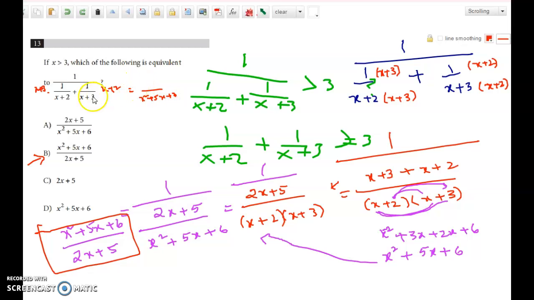And then, combine those two here, that's 2x plus 5, and flip it over. That way you get a one-step answer without a lot of work. Does that make sense?